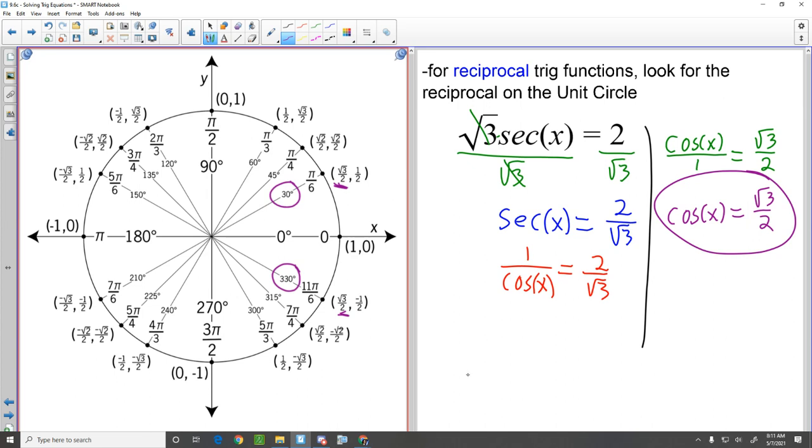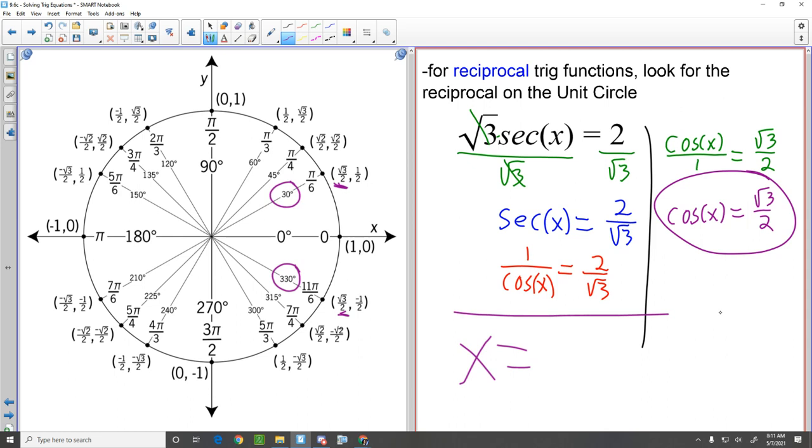So we can say x equals 30 degrees and 330 degrees. So just be careful with those reciprocal trig functions.